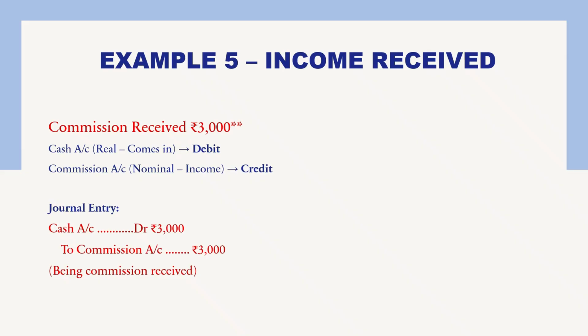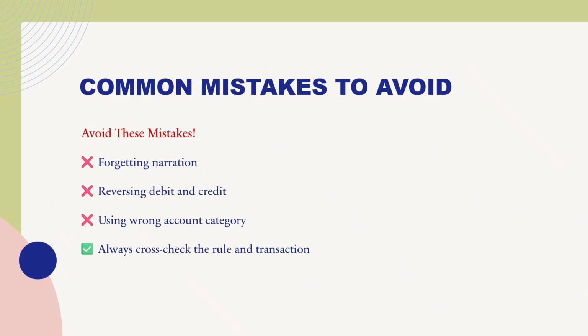But let me make something very clear to you: while doing the journal entries, students make a lot of mistakes. So avoid the following mistakes. First, do not ever forget the narration. Second, never get confused in debit and credit.